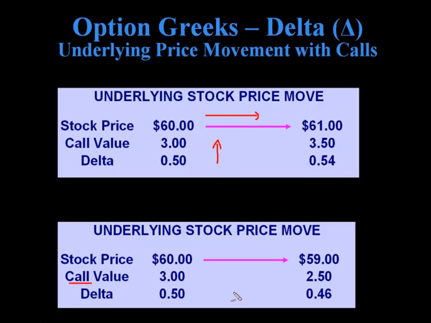Same thing that happens here. As the stock gradually moves from 60 to 59, the call value is gradually moving from $3 down to 250. So it happens very gradually. But that's how delta is determined.